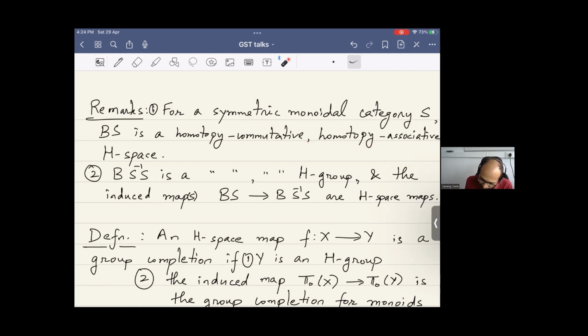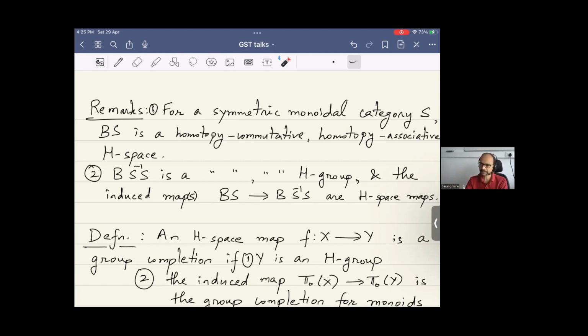Okay. And now if you go to S inverse S, then not only is it a homotopy commutative, homotopy associative H space, but it's actually an H group. And here you need an inverse. We have already seen what the inverse is. If you take m comma n, then the inverse is n comma m.